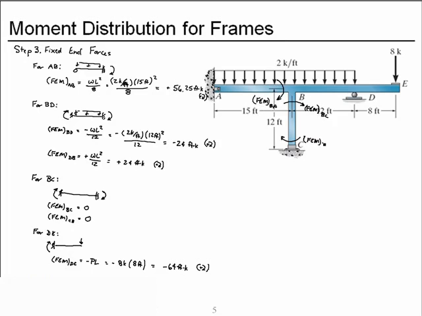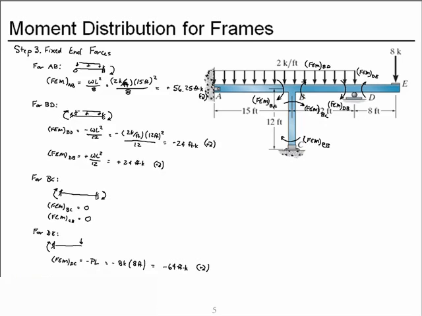Fixed end moment at the bottom of member BC, and both of those turned out to be 0. Fixed end moment at the left side of BD. Fixed end moment at the right side of BD. And the fixed end moment at the end of the cantilever, DE.